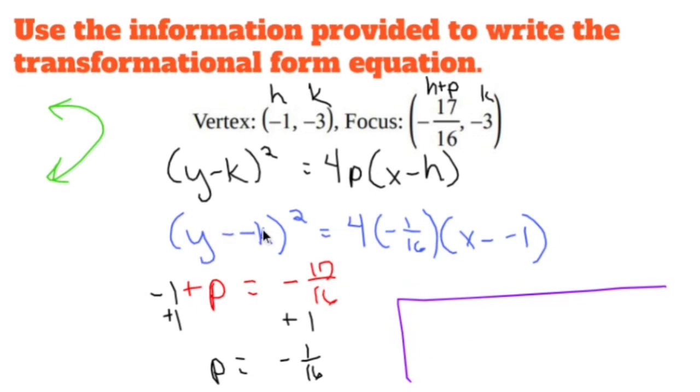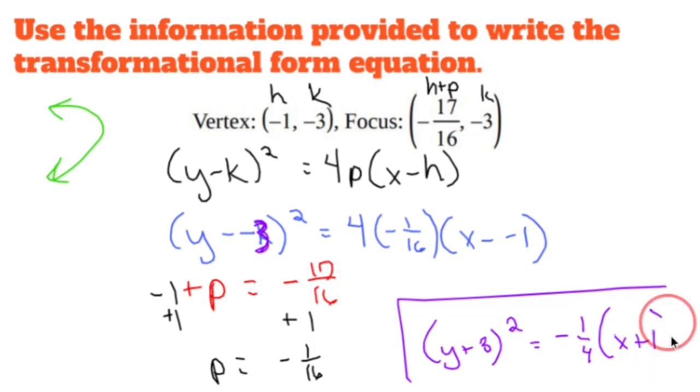Why did I say k when I know that it's negative 3? What a rascal I can be sometimes. y minus negative 3 is y plus 3 squared equals 4 times negative 1/16, which is negative 1/4. And then x double negative 1 is x plus 1. So there you have it. Parabola, baby.